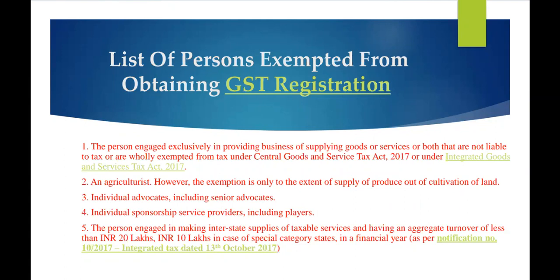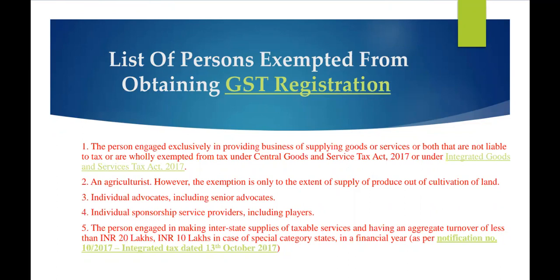Second is an agriculturist, right? The person who is involved in agricultural activities is called an agriculturist. However, the exemption is only to the extent of supply of produce out of cultivation of land. If any agriculturist is supplying anything out of cultivation from his land, that person is exempted from GST.